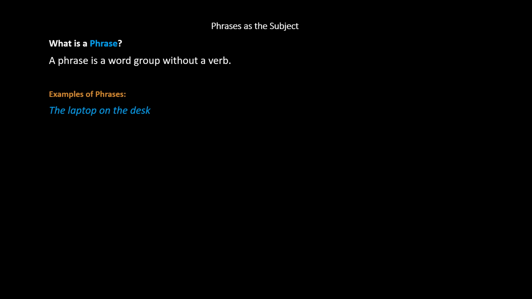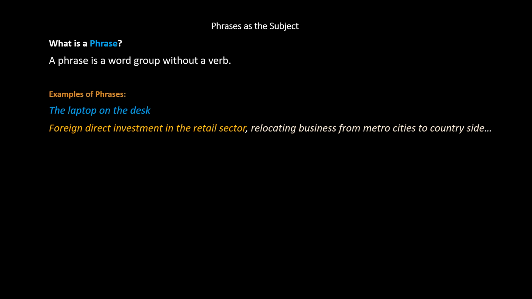Thus, any word group that has no verb is called a phrase. Some more examples. Foreign direct investment in the retail sector, relocating business from metro cities to countryside. All these are phrases. Please note, usually we use a singular verb if the subject is a phrase.